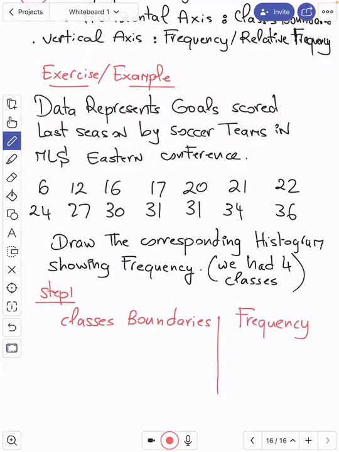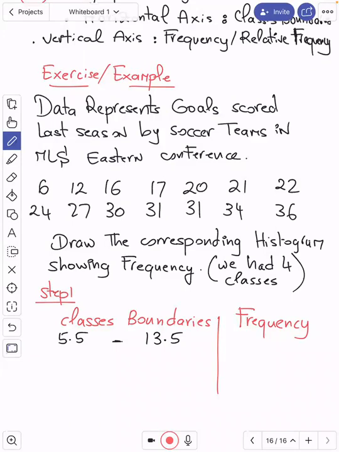Now, for this example, we have 4 classes, right? For the first class, I think the class boundaries were 5.5 to 13.5. So the lower boundary is 5.5 and the upper boundary is 13.5 for the first class.